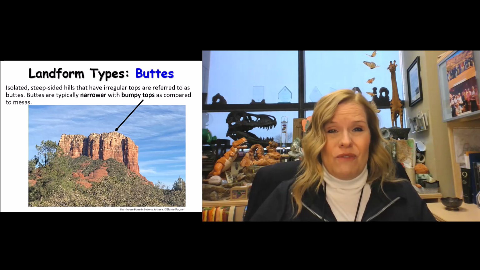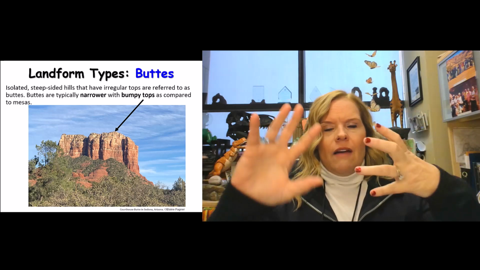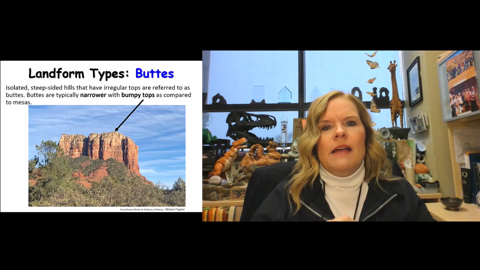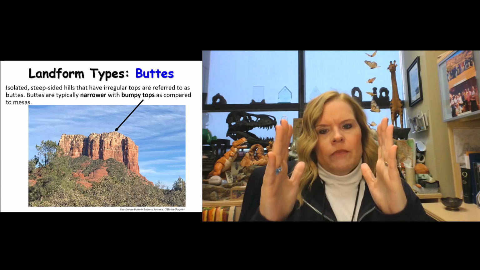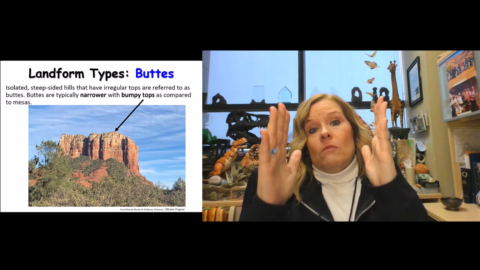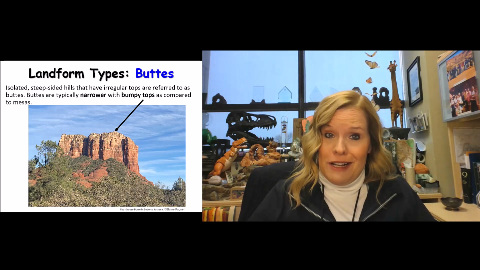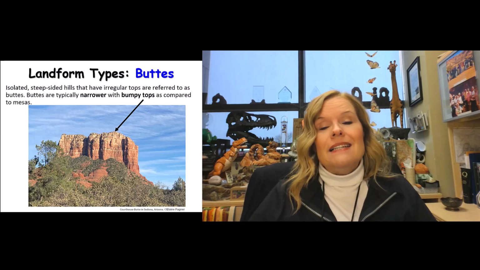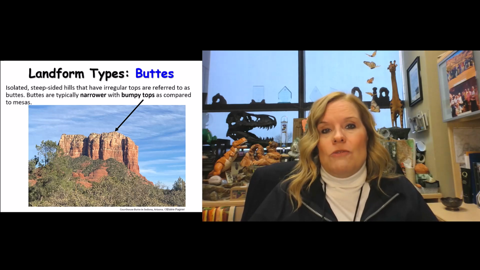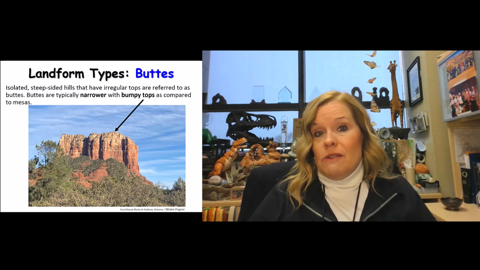It's very different from what a mesa's tabletop is like. Buttes can have all different shapes at the top, and they're usually narrower. And in my opinion, I've seen many of them that tend to be steeper than your average mesa, but don't underestimate the steepness of any mesa. So there are 3 very large mesa systems in Arizona that are referred to as Mesa 1, 2, and 3.